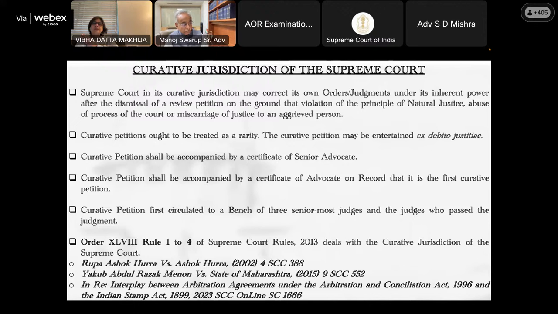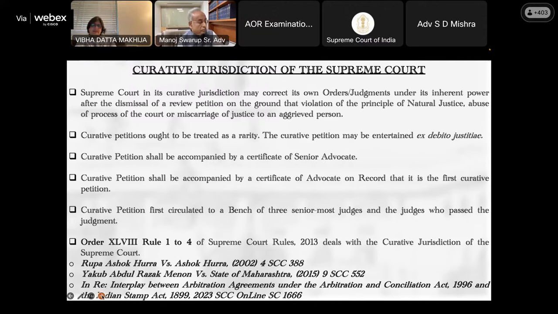The scope of the curative petition has inched forward in being expanded, and certain new grounds are being added to its exercise, because Rupa Ashok Hurra says it applies in these specific conditions or in case of other gross miscarriage of justice. So now the Supreme Court is expanding its jurisdiction of gross miscarriage of justice. And you will find in the more recent curative petitions that the Supreme Court has exercised its power beyond the grounds provided in Rupa Ashok Hurra.